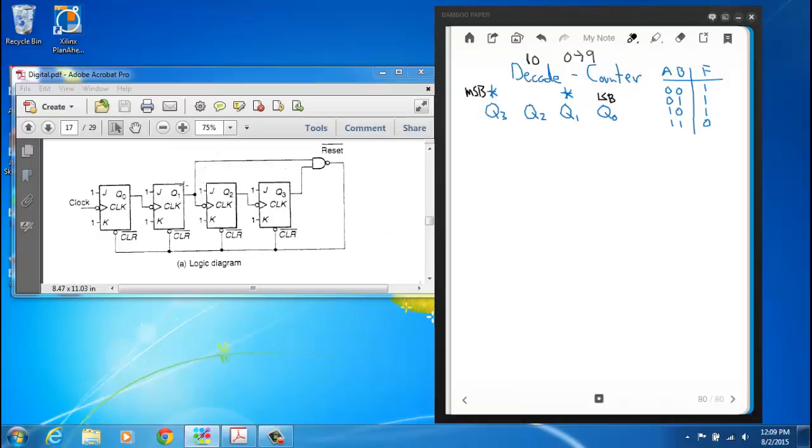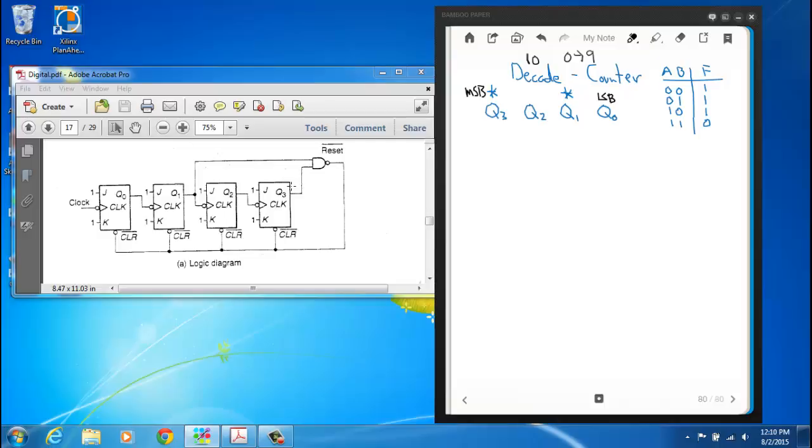It should make sense that the output closest to the original clock input is the least significant bit, because remember, each one of these JKs in toggle mode will divide its clock frequency input by 2. So Q0 is half the original clock frequency, Q1 is a fourth, Q2 is an eighth, and Q3 is a 16th of the original clock frequency.